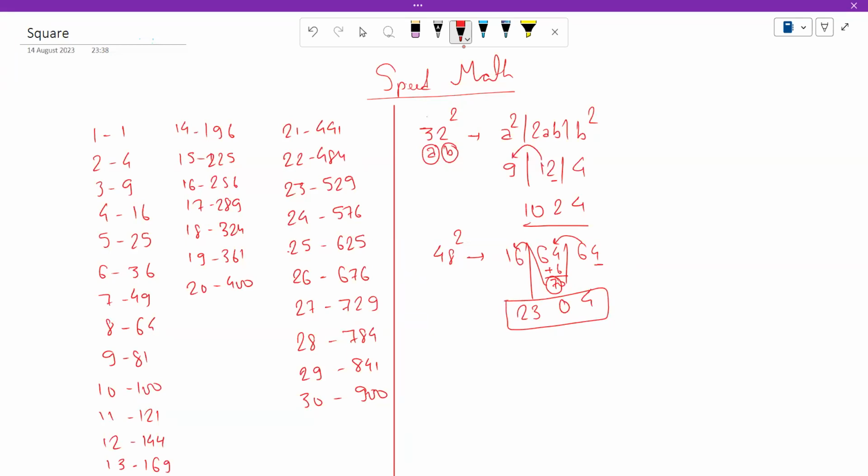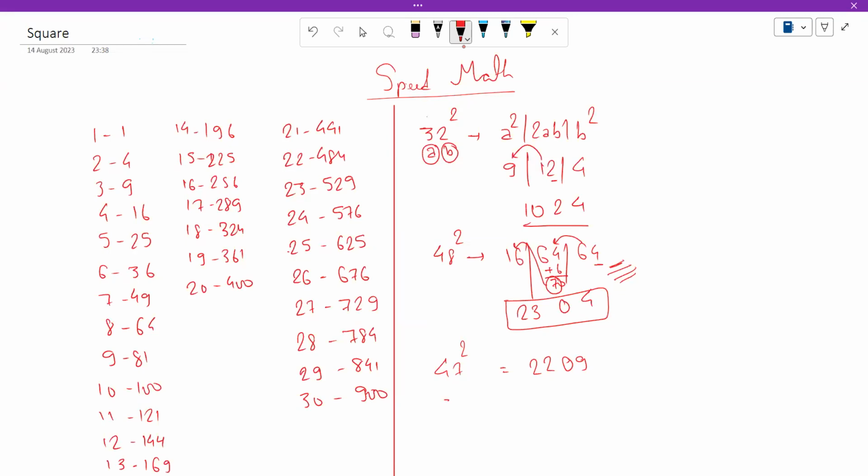But do I require to do all these calculations here? There is a short trick for finding the squares of any number. If I tell you to find the square of 47, I can tell this: 22, 09, without calculating anything.